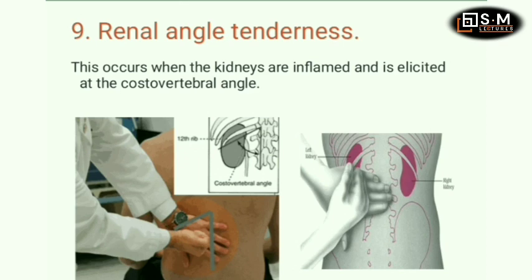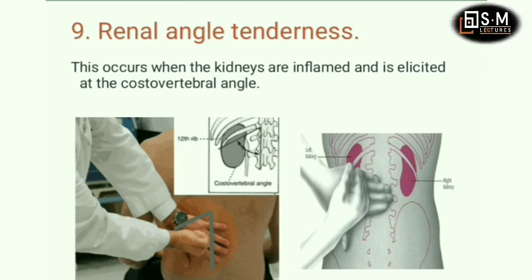Inflammation of the kidney may be due to certain things, maybe cancer, or due to some infections, because most kidney diseases that present with inflammation are caused by infections. So when there is inflammation, then you can elicit pain in your patient at the costovertebral angle.